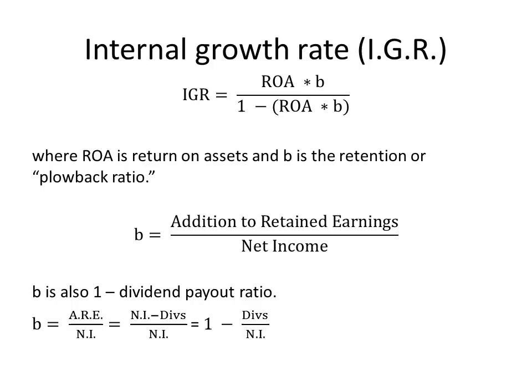b is also 1 minus the dividend payout ratio, because after all, if it's not paid out as a dividend, it becomes addition to retained earnings. We'll need the product of ROA and b again in the divisor. So when I calculate this product, I always put it in the memory of my calculator.